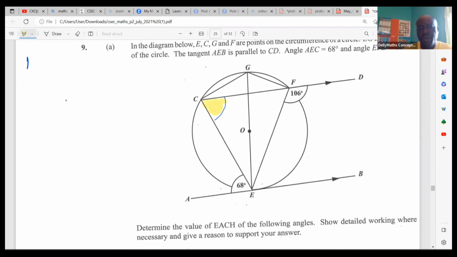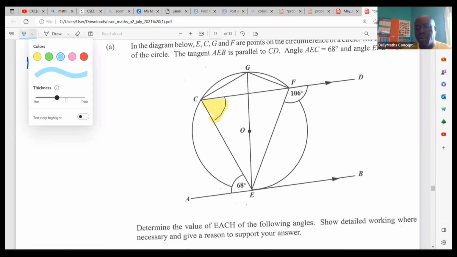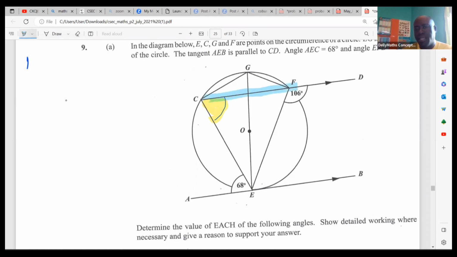If you look carefully, you will realize that we do have a parallel line running there, where CD is parallel to AB. And because of this, CE becomes a transversal. This idea is not a circle theorem idea. It is just a regular geometry idea where alternate angles are equal.